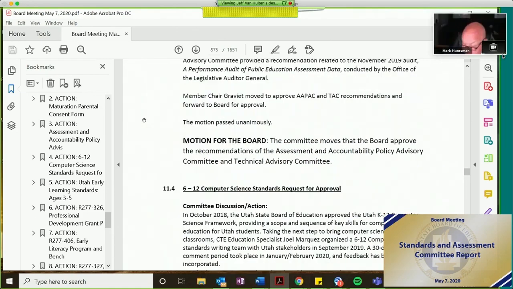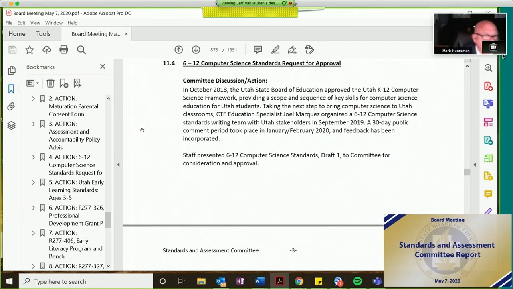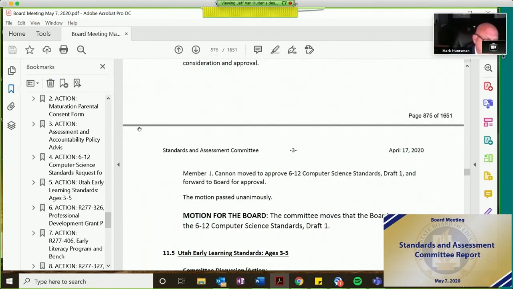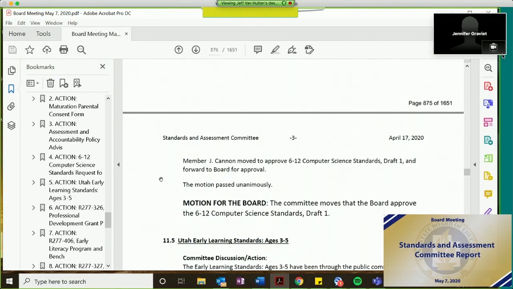Please continue. Okay, item number 11.4, which is the 6 through 12 computer science standards request for approval. The motion for the board is the committee moves that the board approve the 6 through 12 computer science standards draft 1. Okay, the motion before the board is that the board approve the 6 through 12 computer science standards draft 1.